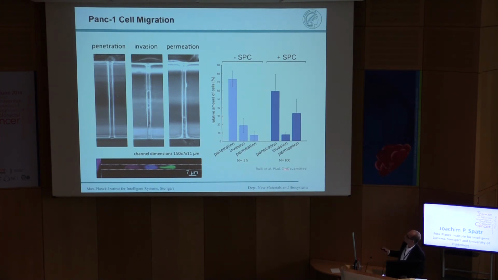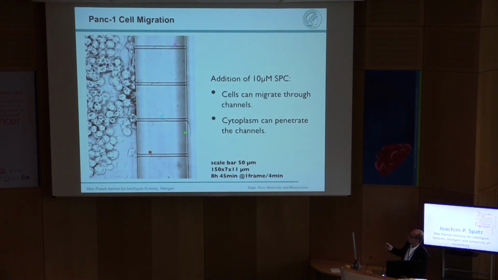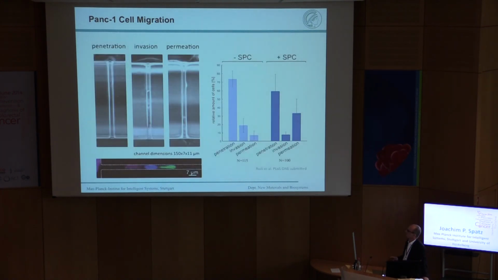But more importantly, if you look at the statistics, so if you look at these penetrations of these channels, and there are hundreds of these channels which you can read out automatically, so you get strong statistics. You see here on the left side is the situation at the Planck cells without SPC, and you see only a small portion of 10% which really make it to the other side, which is the permeation.